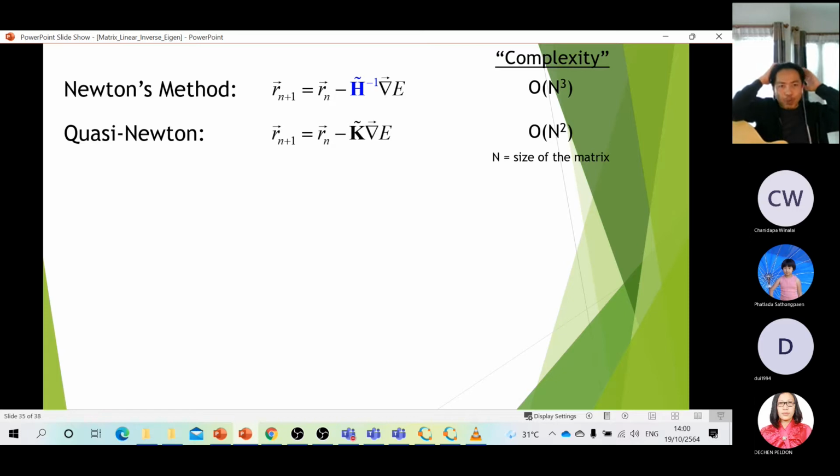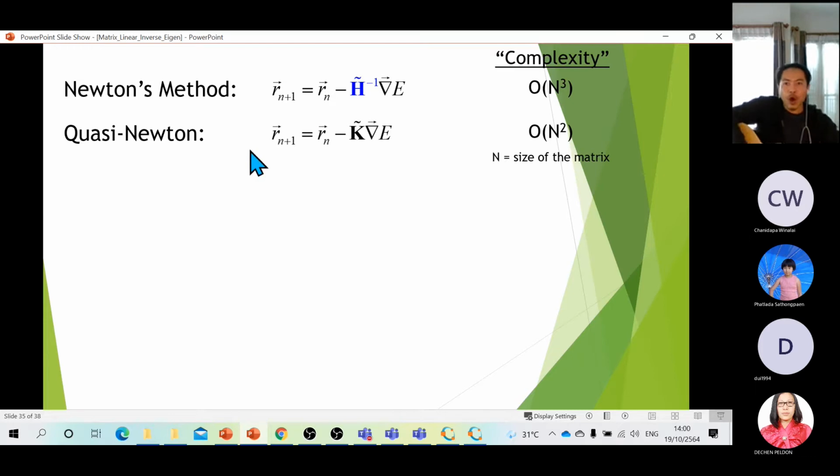For n cubed complexity, if I double the size of my matrix, the cost of computing power will be increased by how many times? 8 times. Very good. Another applause for this here. Okay, you're very fast and very confident about your answer.